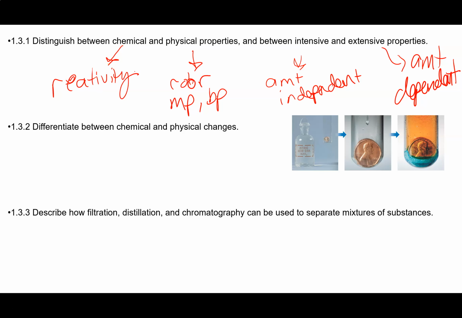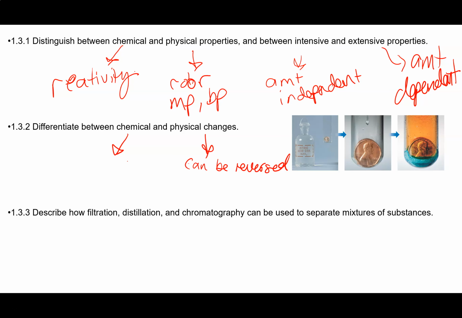With our chemical and physical changes, one of the things I like to remind us of is that physical changes are ones that can be reversed, whereas chemical changes change the material and you cannot put it back without some kind of condition.